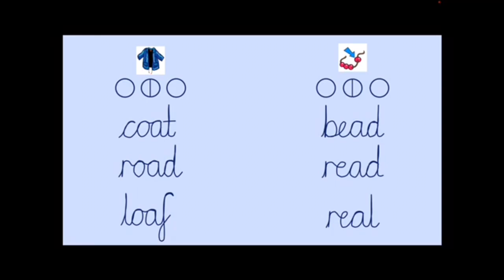Let's take a look at a few more. Same pattern. Consonant, long vowel, consonant. First word, boat.